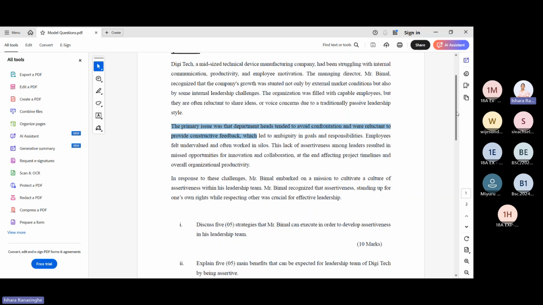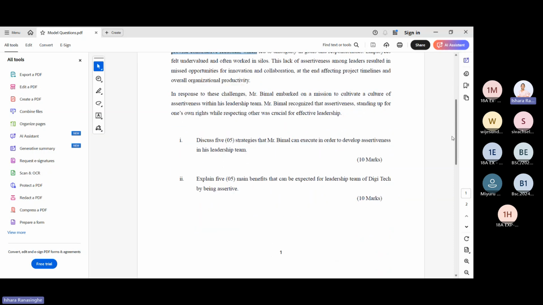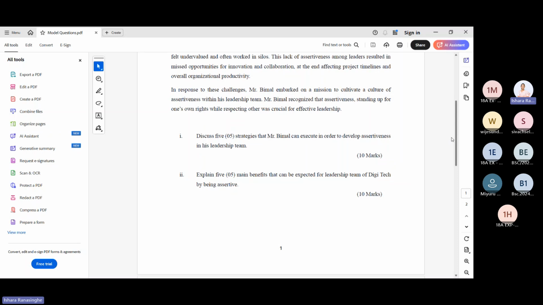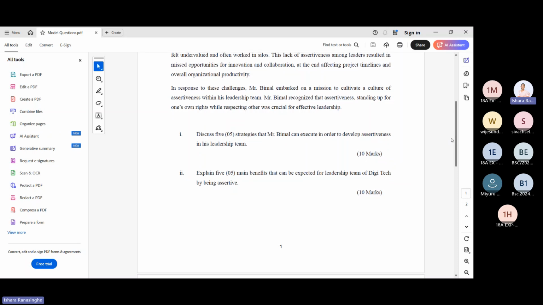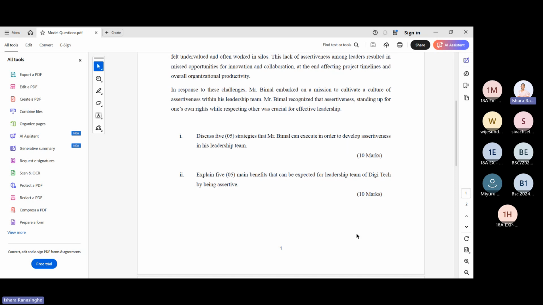So then if we move on to the second question, explain 5 main benefits that can be expected for the leadership team of Digitech by being assertive. Here, the benefits of assertiveness are from this slide.